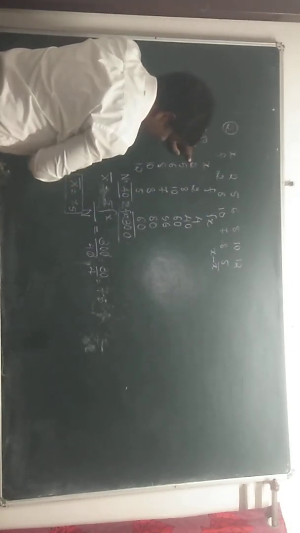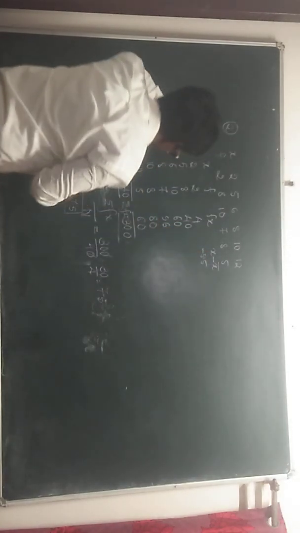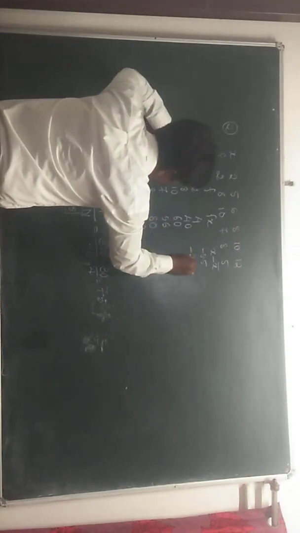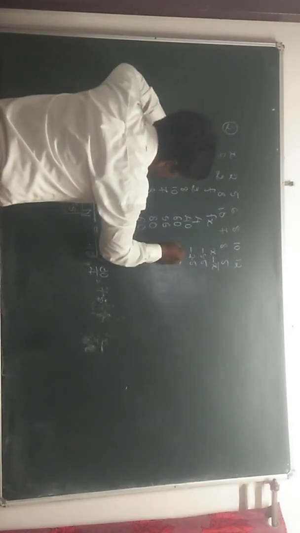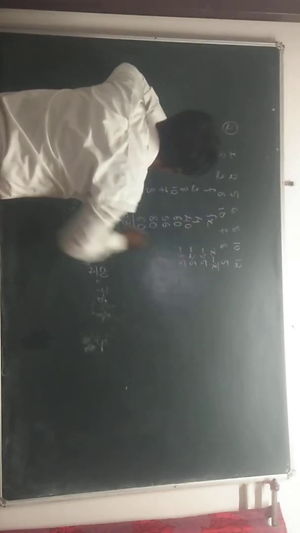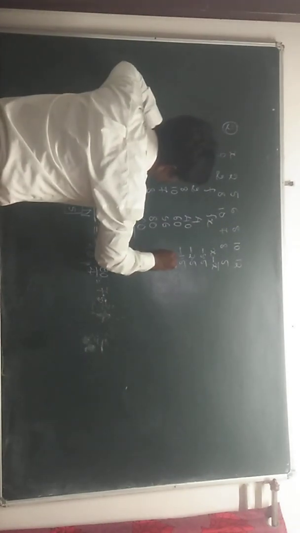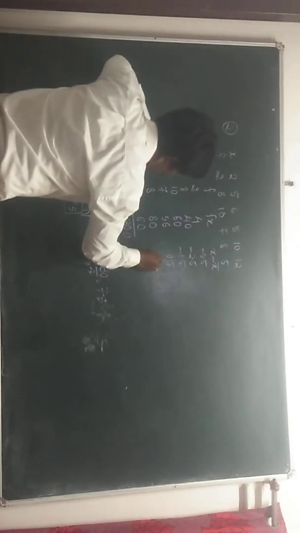2 minus 7.5. So clearly it is minus 5.5. 5 minus 7.5. So clearly minus 2.5. 6 minus 7.5. So clearly minus 1.5. 8 minus 7.5. So clearly 0.5. 10 minus 7.5.